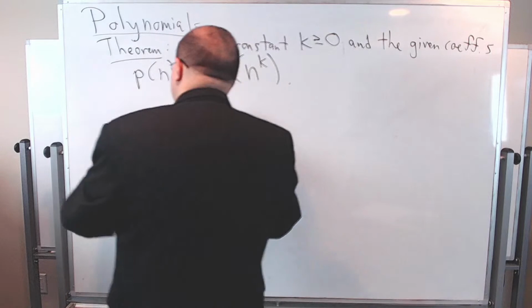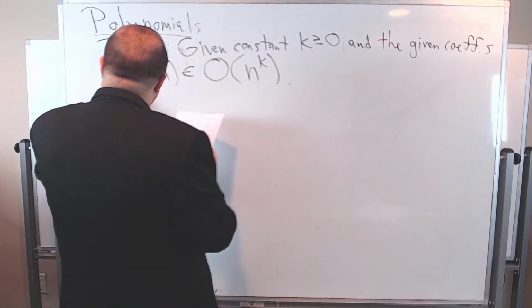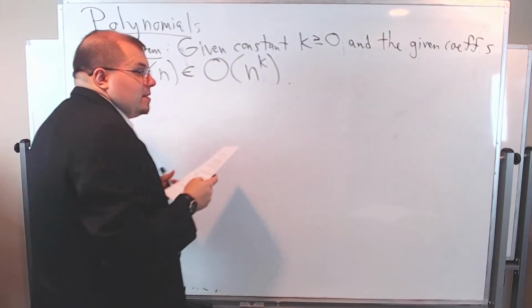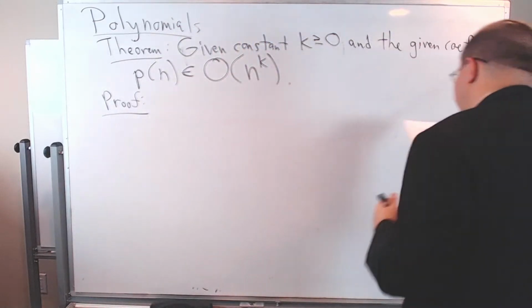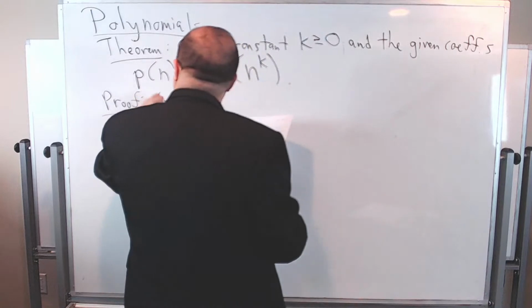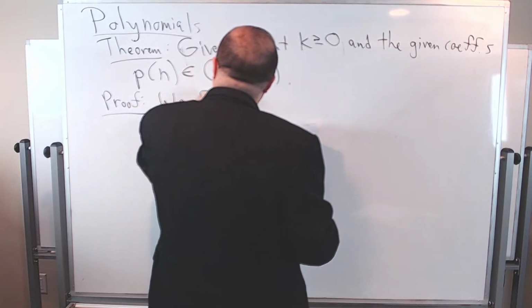And how are we going to do it? Believe it or not, the proof is very simple. But you're going to find that everything we've been doing this entire time turns into this argument. So what is the first thing I do? I lay out what I'm going to do.